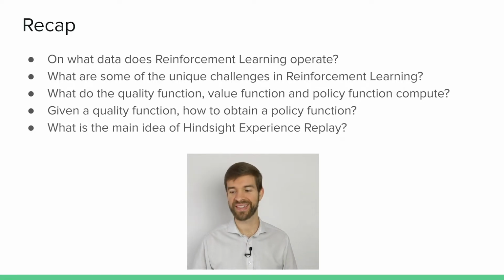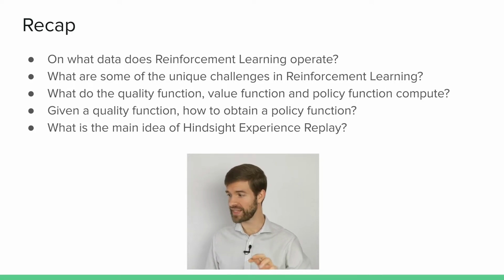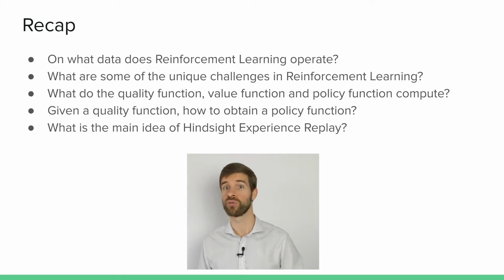And what was the main idea behind hindsight experience replay? When we have a scenario where our rewards are only sparse and where it's hard for the agent to get meaningful feedback, we can artificially create a dense reward setting by replacing the actual goal with a virtual goal.